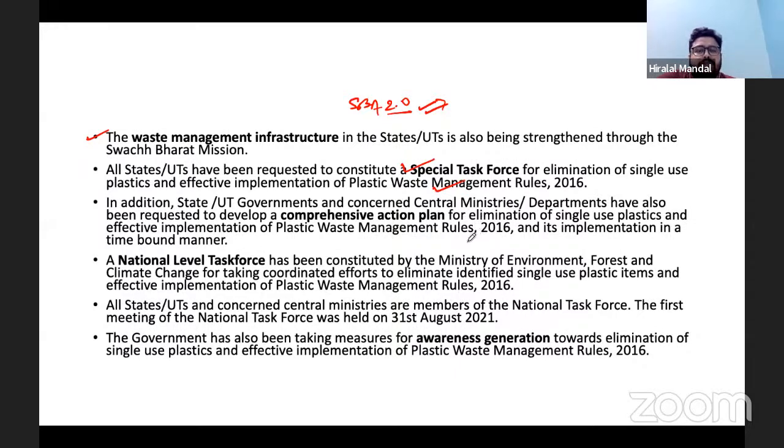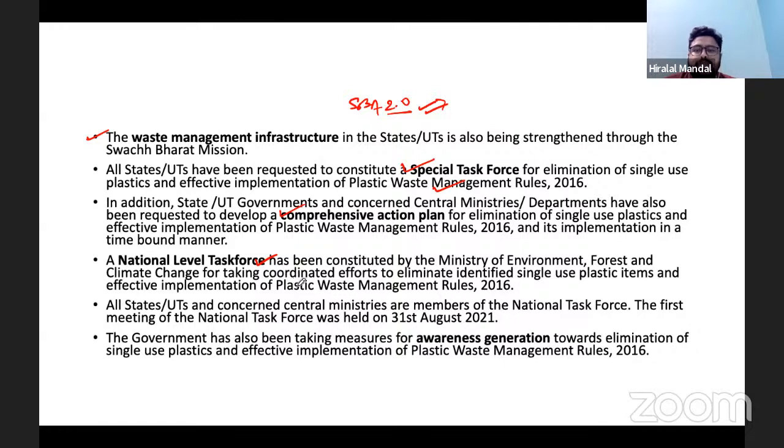In fact, the government has also asked every state to come out with a comprehensive action plan for phasing out single-use plastic. They are also expected to have a task force. So every state will have to set up a task force for elimination or phasing out of single-use plastics in the country.